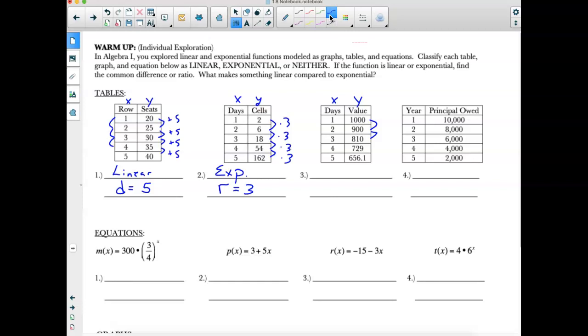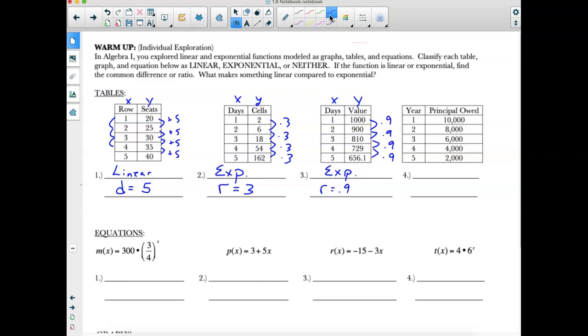I'm not adding the same thing each time, but if I look close at it, I'm taking it times 0.9. 1,000 times 0.9 is 900. 900 times 0.9 is 810. 810 times 0.9 is 729, and so forth. So repeated multiplication again gives me an exponential model in a table, and my R value that I keep repeating by is 0.9.